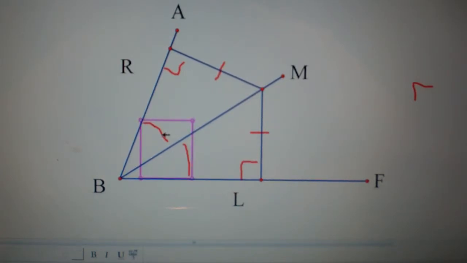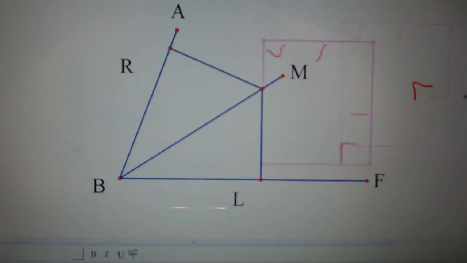Now, let's toy with this a little bit. If I were to draw in here, let's say I just gave you this, that this segment was congruent to this segment. Okay? Then we could not say anything at all about the ray BM being an angle bisector.